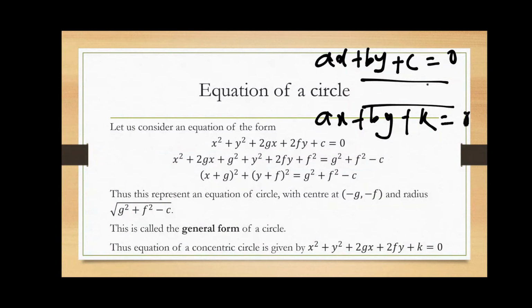Why? Because the distance between the two lines is constant, and the same way, if you look into the concentric circles, the distance between the two circles also remains constant. So in that case the constant term will just be different. You can kind of correlate in that way as well.